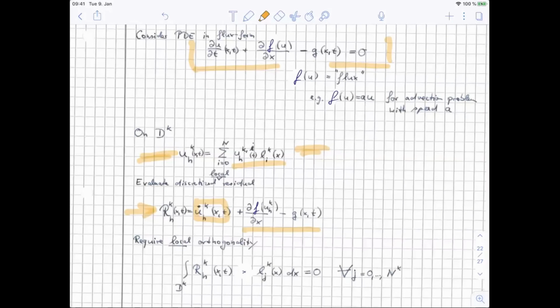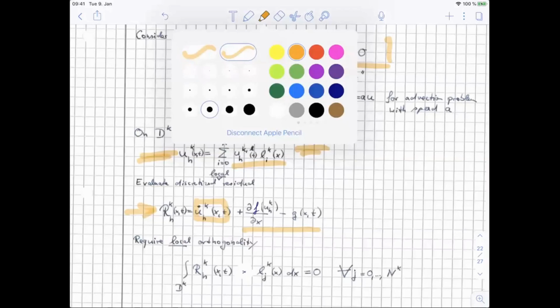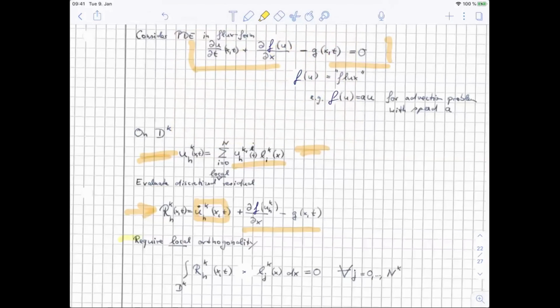And now the trick to get to equations that approximate the original PDE is to require orthogonality of the residual with our basis functions.